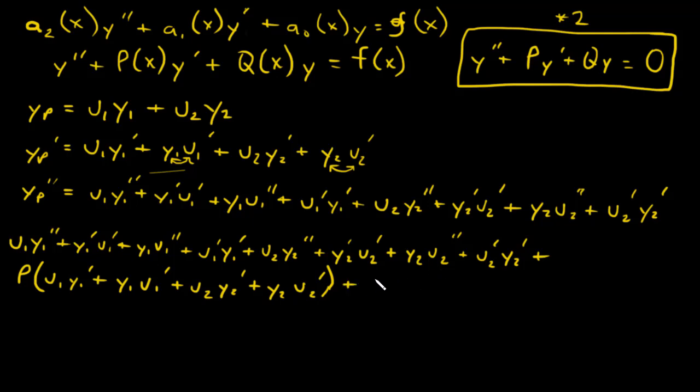Plus q times y. So that's this piece, u1 y1 plus u2 y2, equals 0. Now, I'm going to do some rearranging.